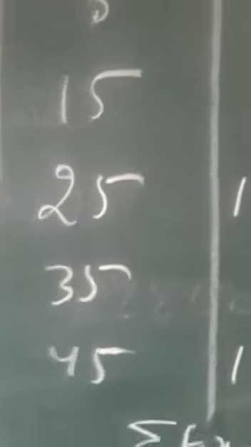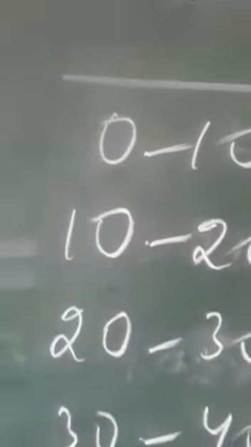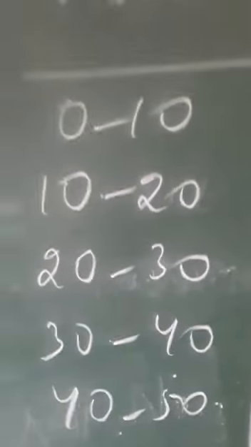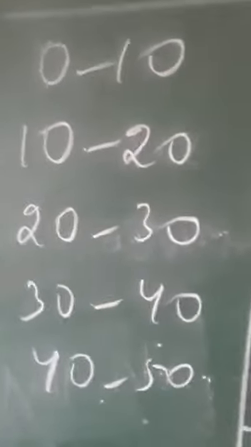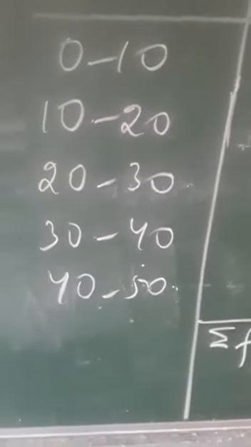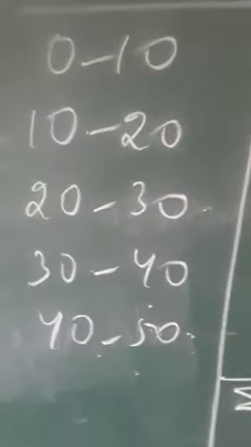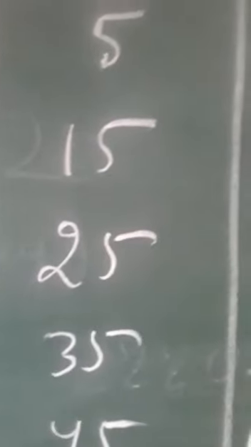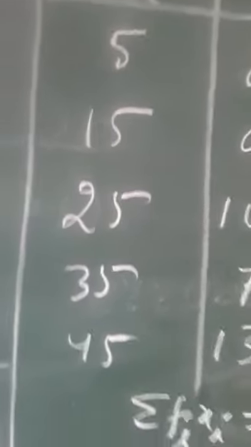For example, the class size is 10 here. The difference of 0 and 10 is 10. The difference of 10 and 20 is 10. Similarly, the difference between the upper limit and lower limit is a common term, that is 10. We can obtain the corresponding class marks by simply adding the class size to the previous class mark.